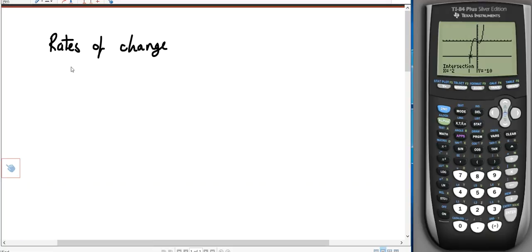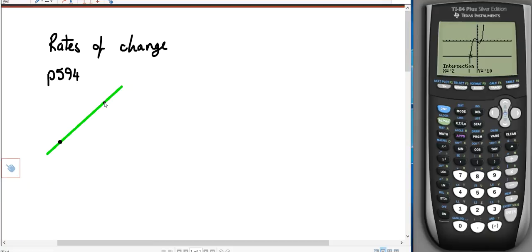We're still using that. So we're starting on page 594. Let's go back to our straight lines. How do we find the gradient of a straight line? Rise over run.